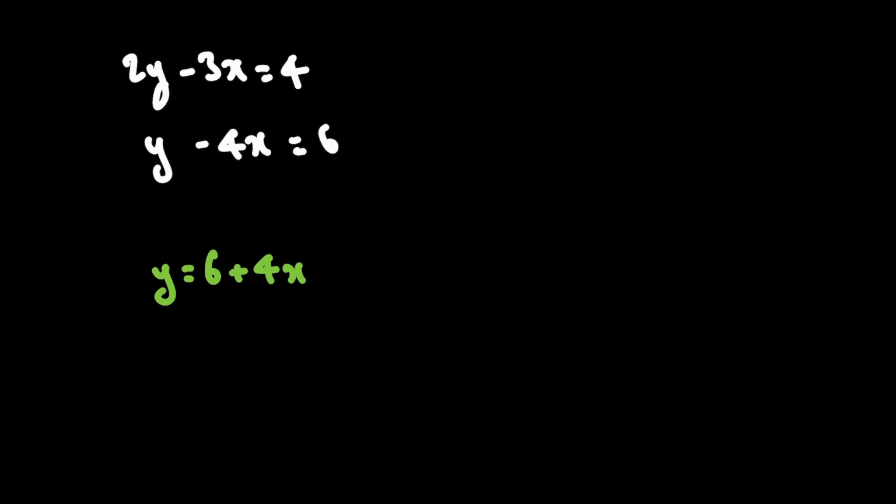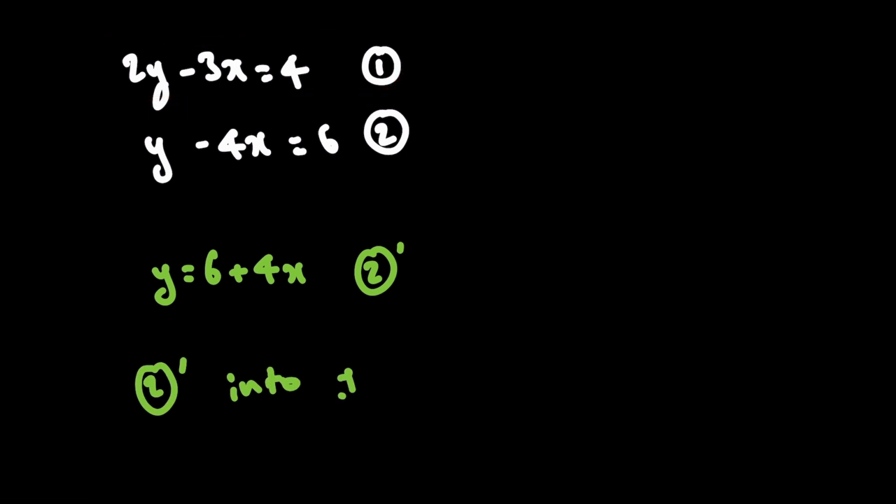So if I were to give these equations a number, this would be the first equation, this would be the second equation, and I would call this third equation 2 prime, where I've just modified the second equation. So now I can substitute this second equation into the first one. I'm going to write it like this, equation 2 dash into equation 1.